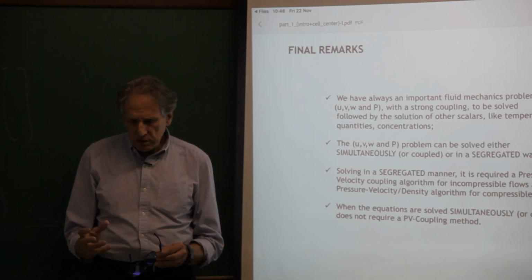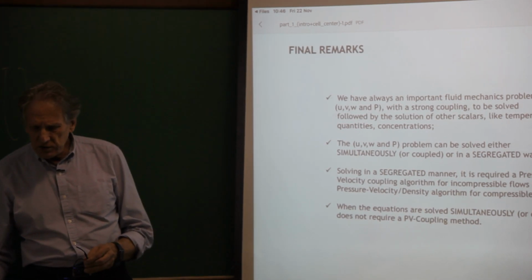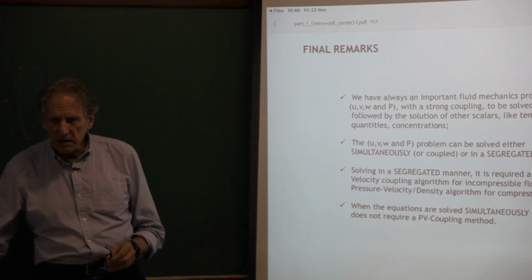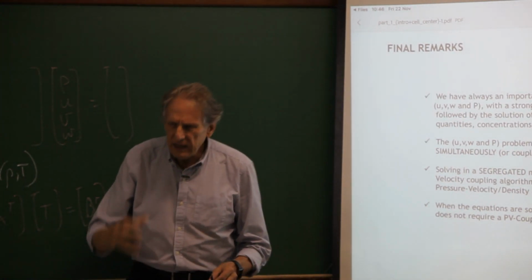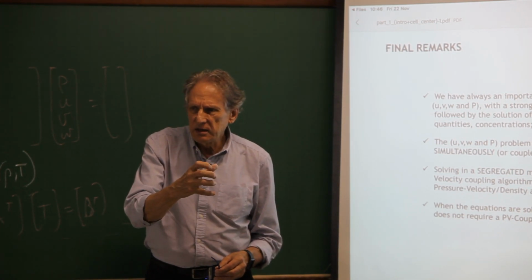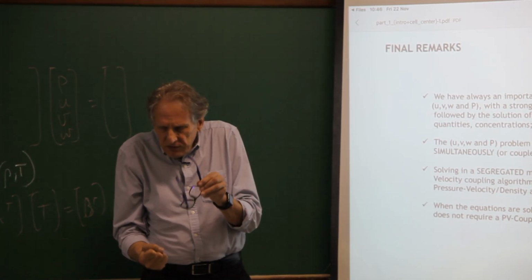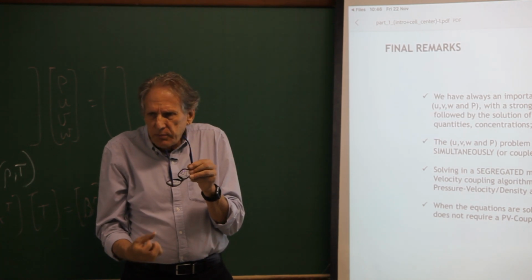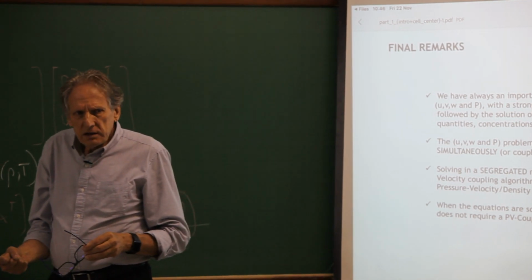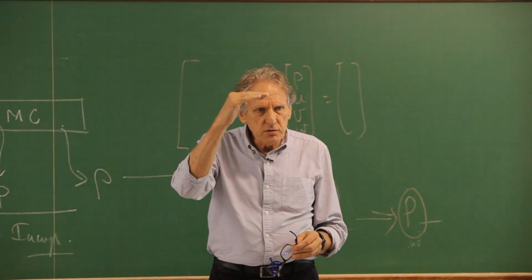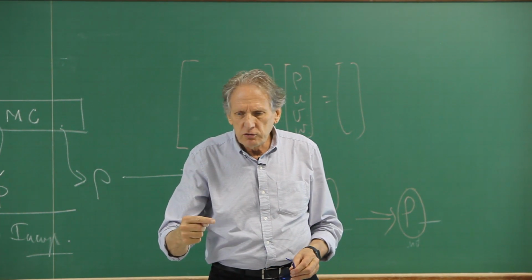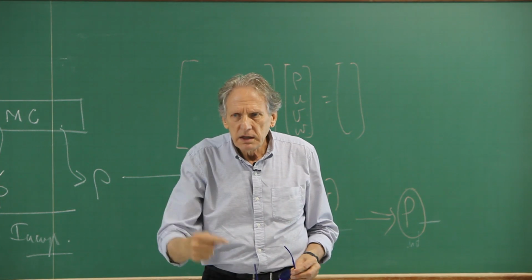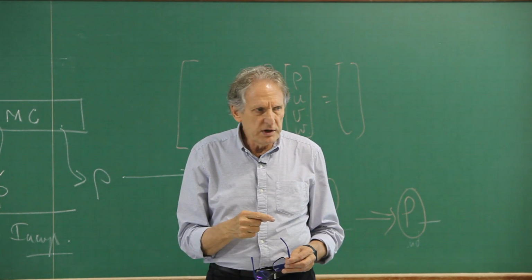Because sometimes one equation that you solve independently is not very well coupled with the rest. So why put everything together to solve simultaneously if there is no strong coupling? You know that in fluid mechanics, because you have so many equations to be solved, sometimes you don't need to solve all of them in the same iteration cycle.